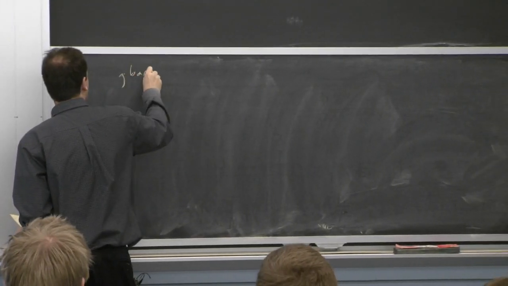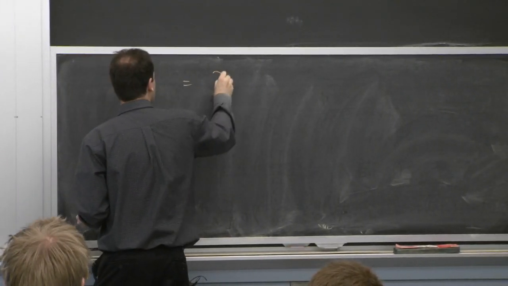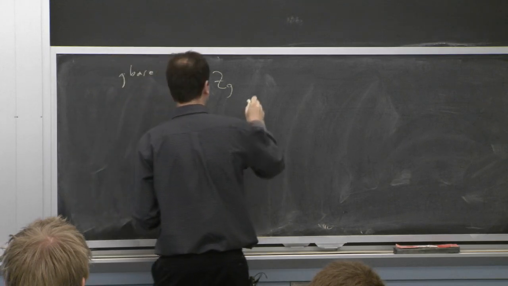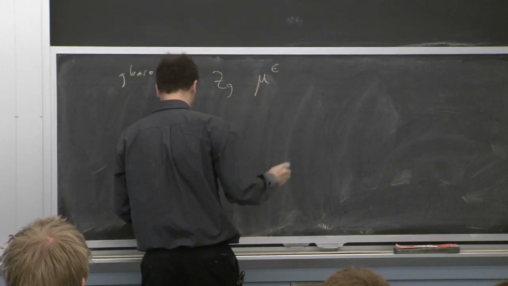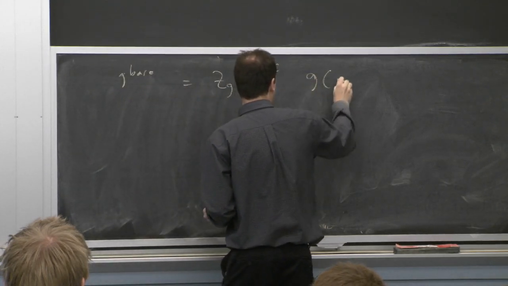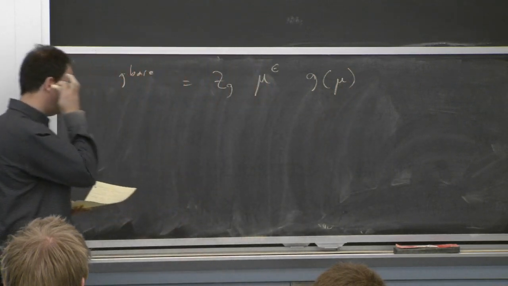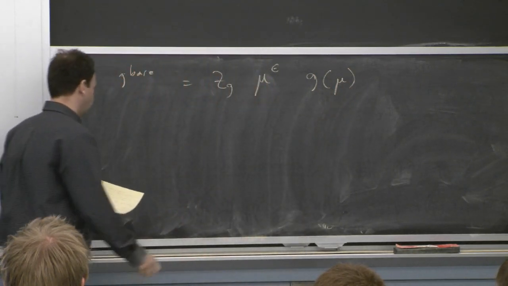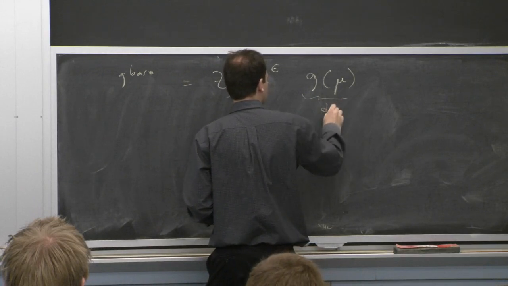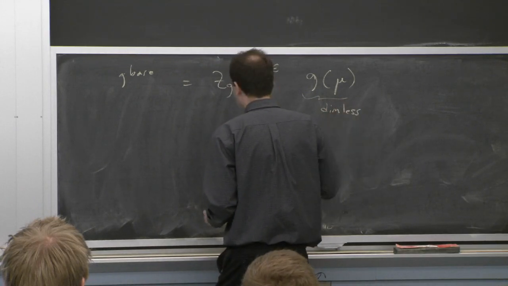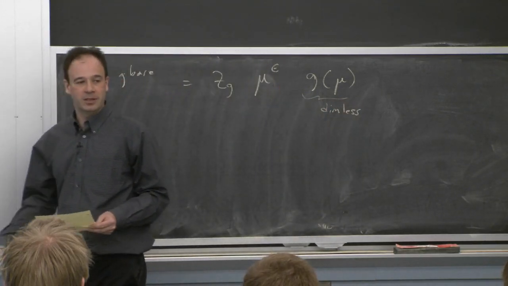So you say G bare, which has dimensions, some dimensionless z factor, some mu to the epsilon to make up those dimensions, and then left over is the renormalized coupling. And the idea and the strategy for any other coupling in the effective theory is the same.